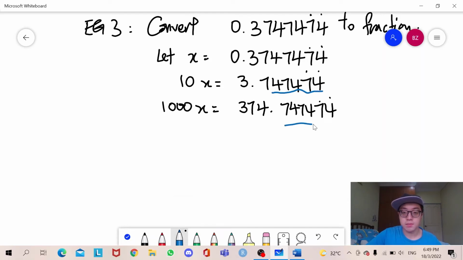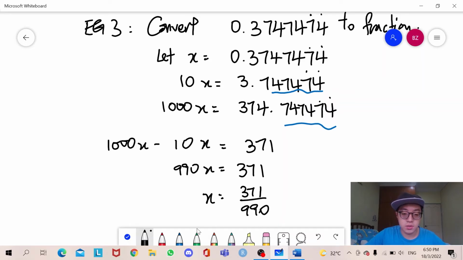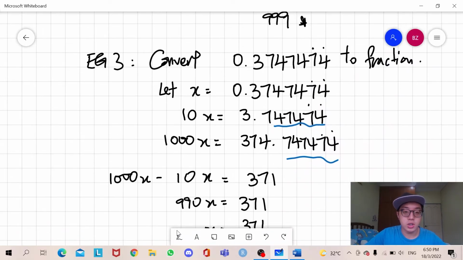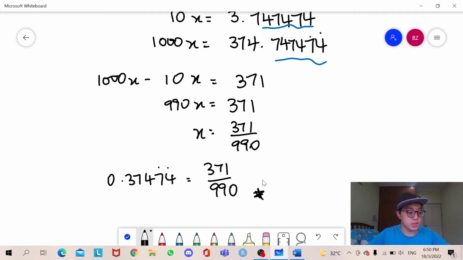So we will instead subtract 1000x with 10x, and this will give you 371. And at last you will see it's 990x is equals to 371. Therefore x is 371 over 990. And if you would like to make a conclusion, you can say that 0.37474 is equals to 371 over 990, and this is the answer.